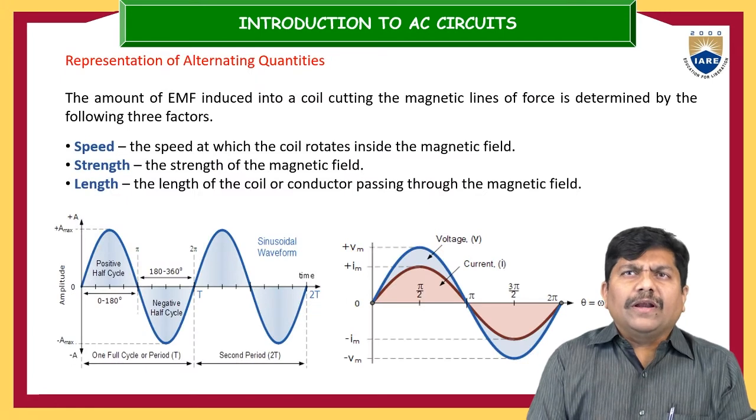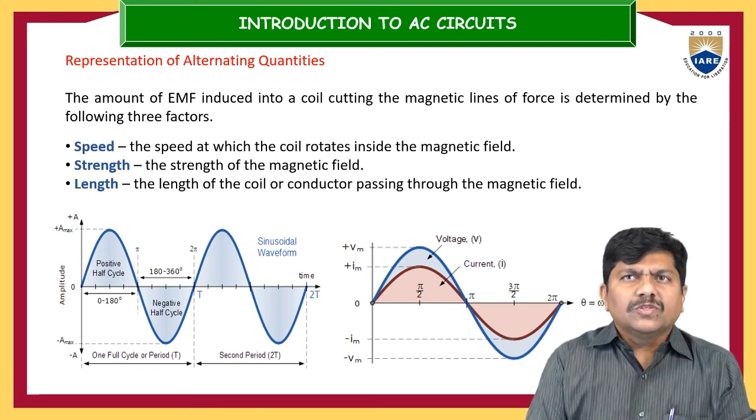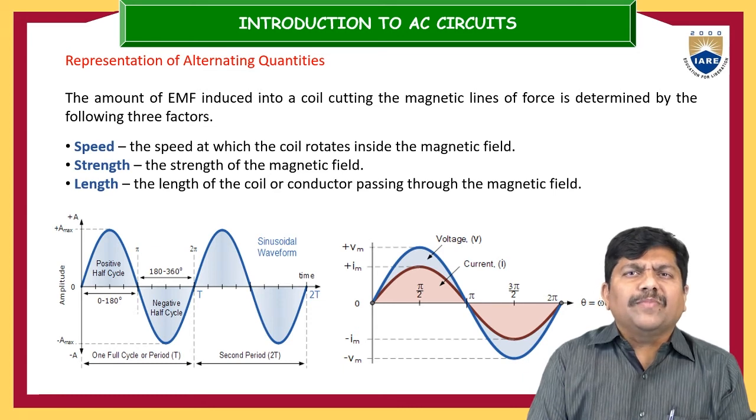Further, for better understanding, what are the parameters that influence the induced EMF, by which the induced EMF inside the conducting system will increase or decrease? One is the rate at which the conducting system is rotating inside the magnetic field. If the speed of rotation is high, automatically the induced EMF will also be high.